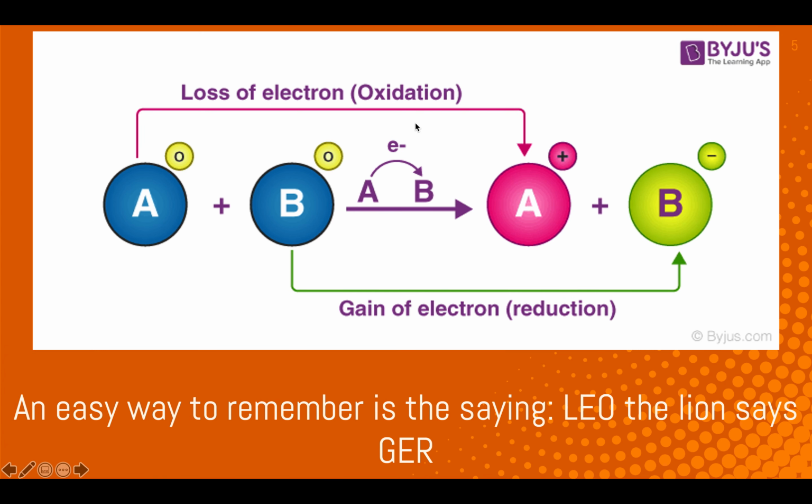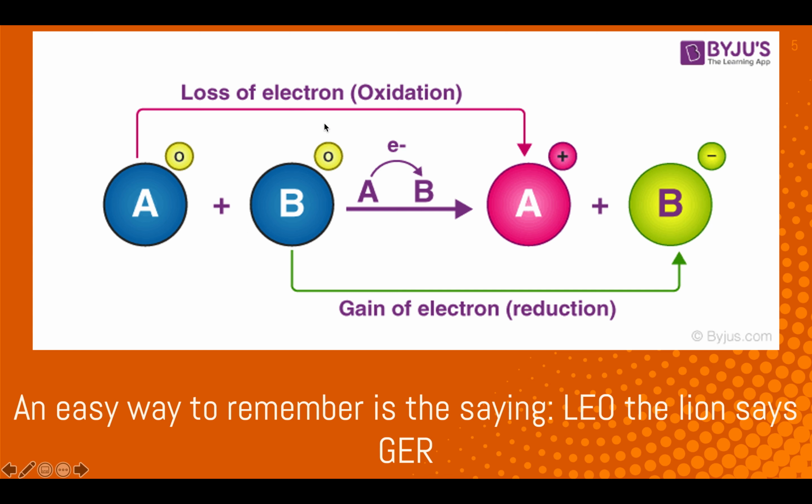So here we have an example. You can see how A is going to be giving its electrons to B. So A is losing electrons, the oxidizing agent. So as you can see here, they become positive because they lose an electron.